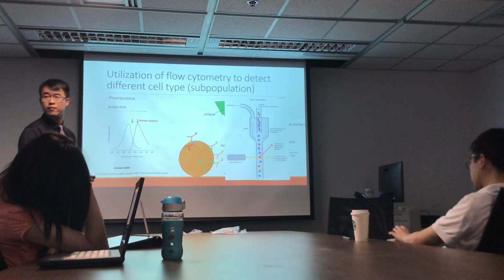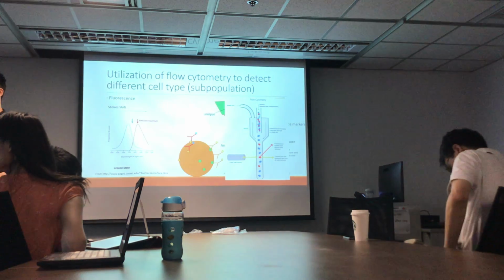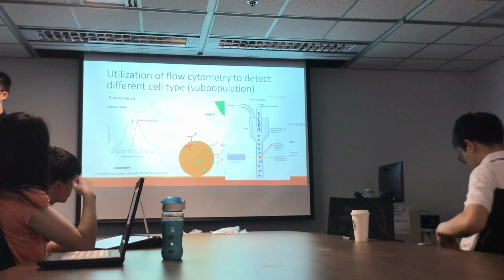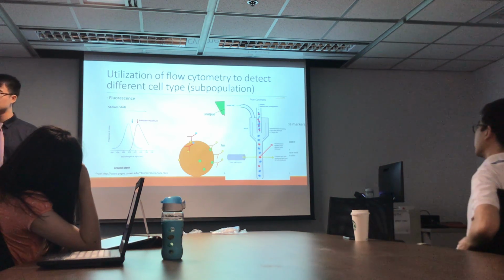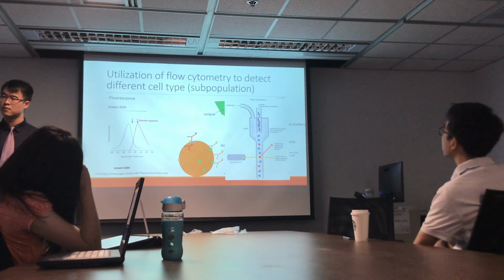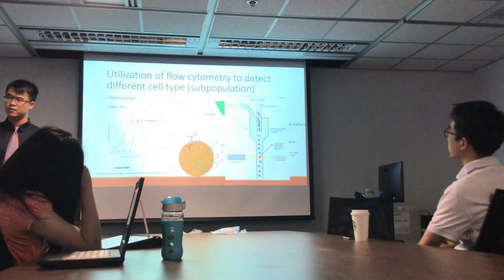Excuse me. For the further sorting of the cells, in my undergraduate study, I remember maybe using a tool to detect the overall mass of the nucleotide in the cells and to sort the cells.